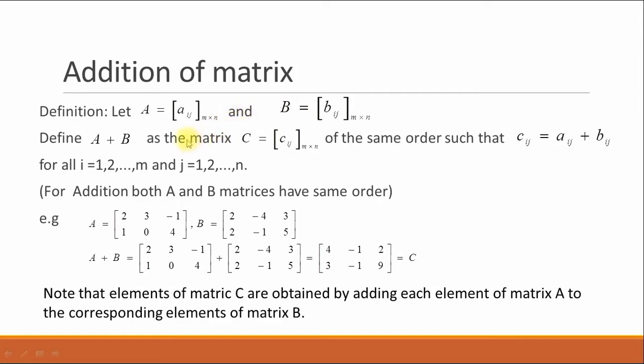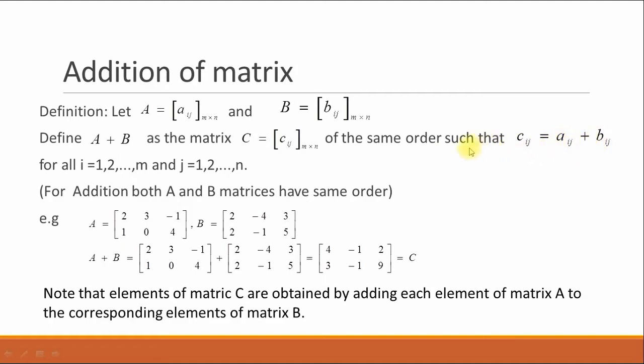And then how to add two matrices. For A plus B, the matrix C is equal to Cij, m by n of the same order, such that Cij is equal to Aij plus Bij.